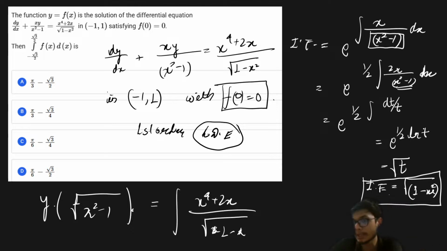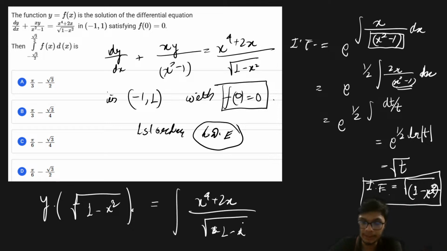Because this result should give me natural log of mod of t. Now to make this result satisfy the region -1 to 1, I should take square root of 1 minus x square.